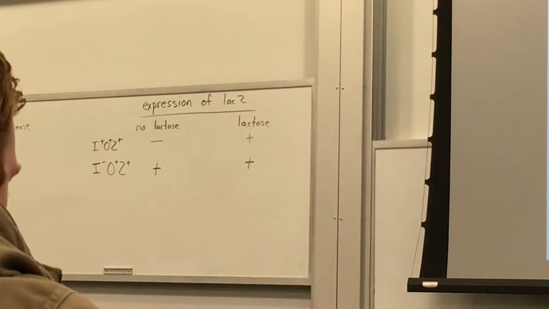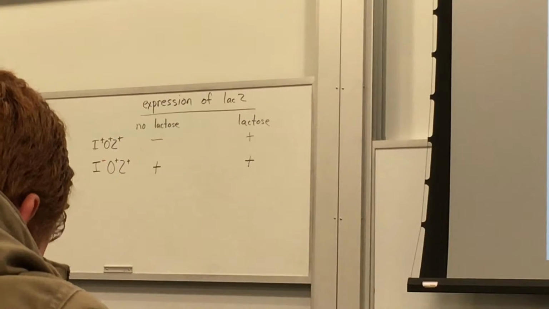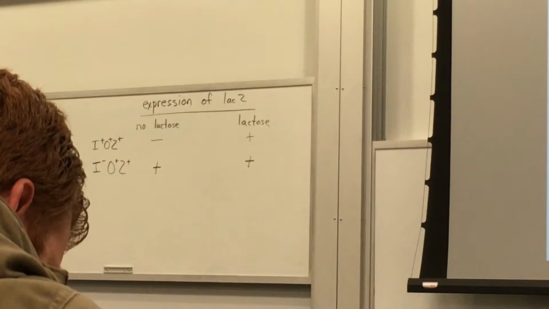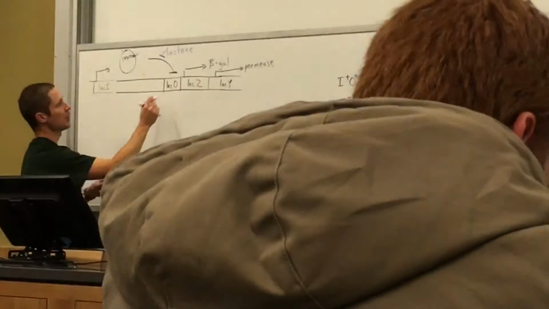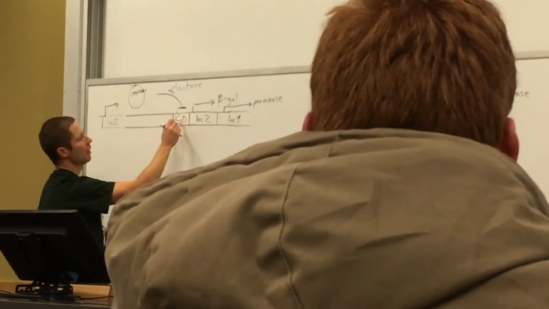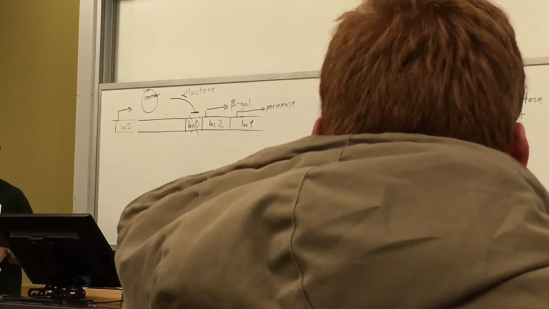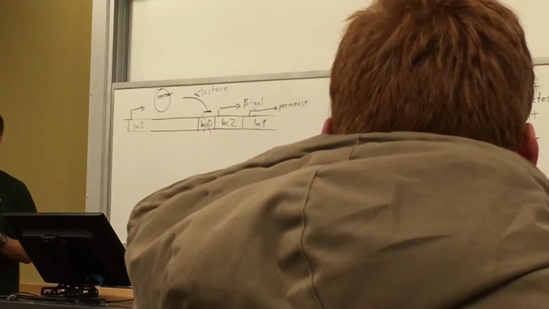What about, let's say our repressor protein is fine, but we make a mutation in the sequence that the repressor protein uses to bind to.